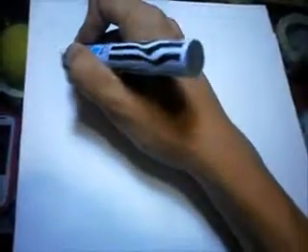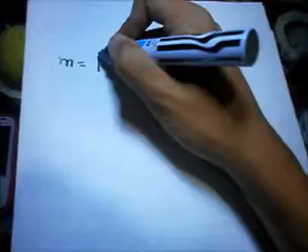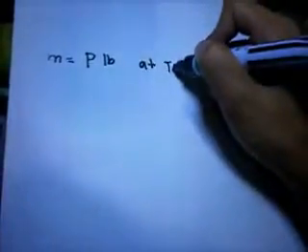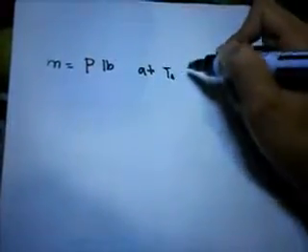So we have P pound of brine at initial temperature T0 degrees Fahrenheit.